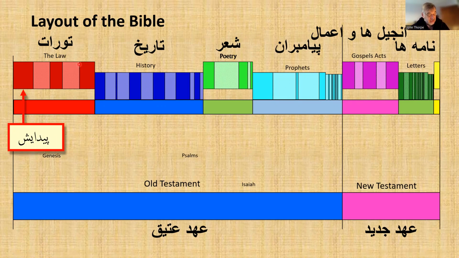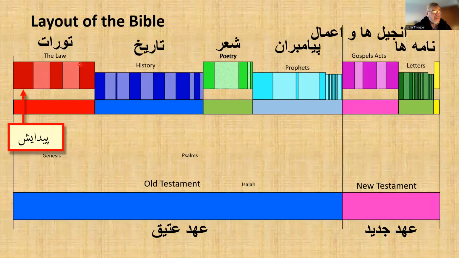And that deals with the very start of all the stories that go on in the whole of the Bible, starting with how this world and this existence came to be.